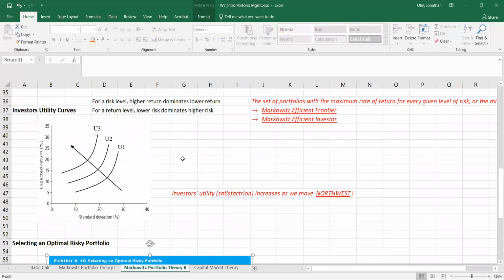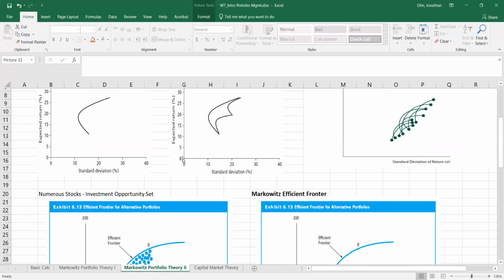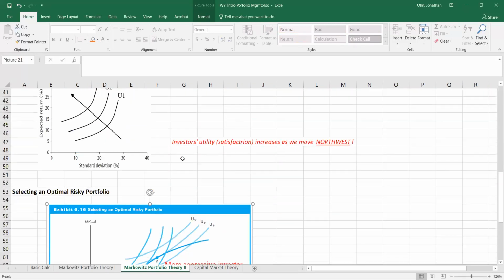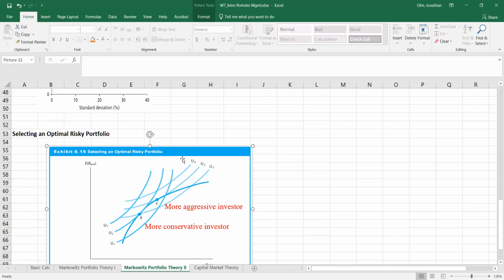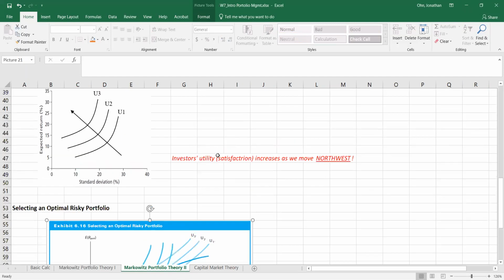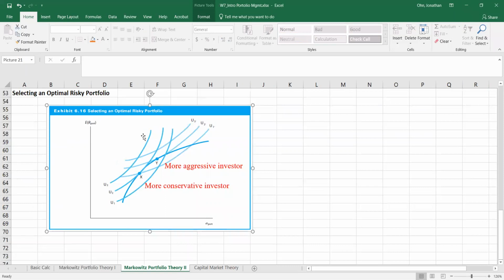Markowitz portfolio theory part 2 shows the process of individual investors searching for their final optimal decision based on the Markowitz efficient frontier and then utility curves. And then we came up with the best investment decision for investor X and investor Y. So that's the second part of the Markowitz portfolio theory, 1 and 2. All right.